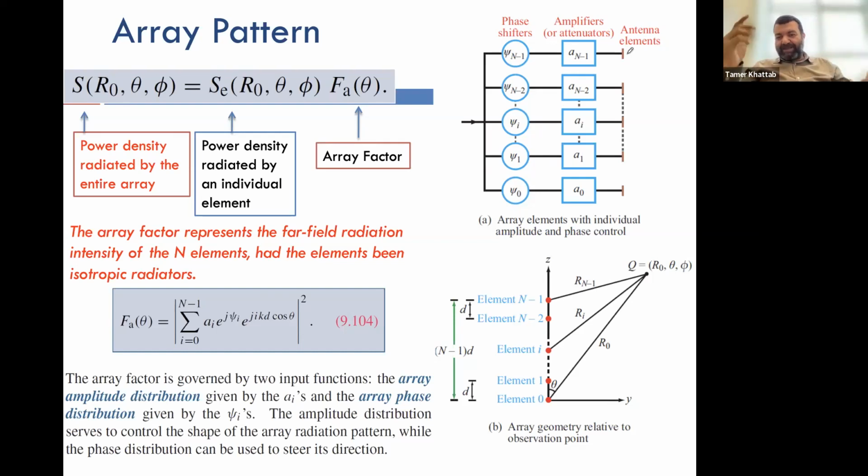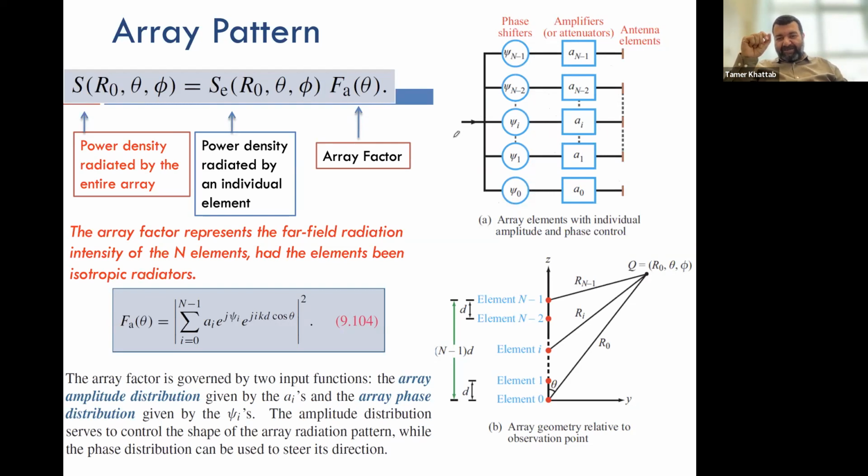So multi-input, multi-output is different from the antenna arrays. The main difference is that here it is one single signal, one piece of information, being transmitted over all the antennas, but with some modifications, and I will talk about those modifications in a minute. In this case, this is called an antenna array, okay?